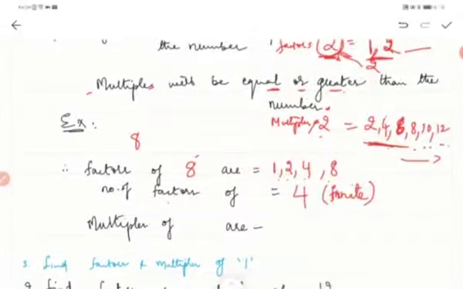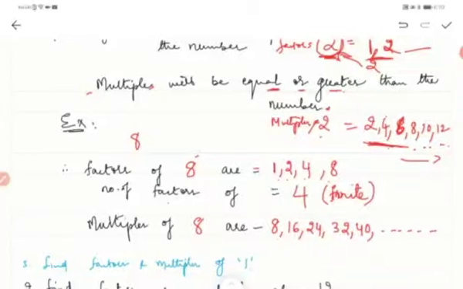All right, now let's see what about the multiples of 8. Just remember your table and write the table numbers. So 8 ones are 8, 8 twos you'll get 16, 8 threes are 24, 8 fours are 32, 8 fives are 40, and so on.